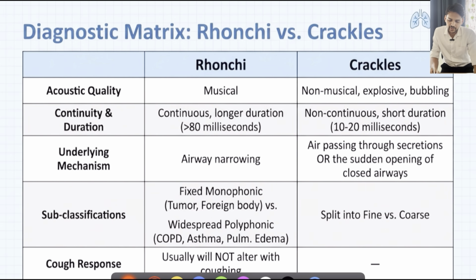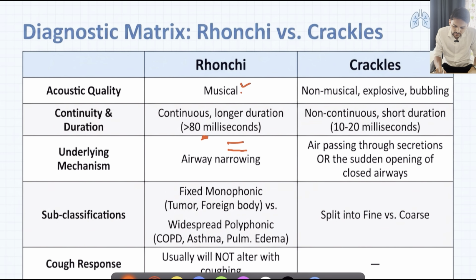Now, what is the difference between rhonchi and crackles? First of all, if we focus on rhonchi, it will be a musical sound, that whistling kind of sound you might have heard. That is musical in nature, and it will be quite continuous and of quite longer duration, about 80 milliseconds. And why does it happen? Because of the airway narrowing.